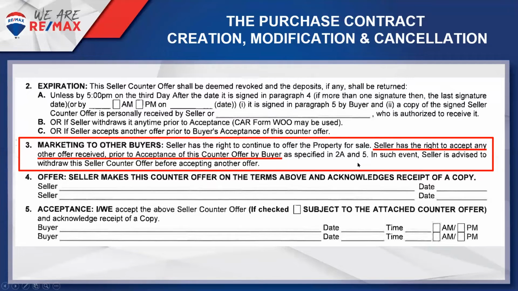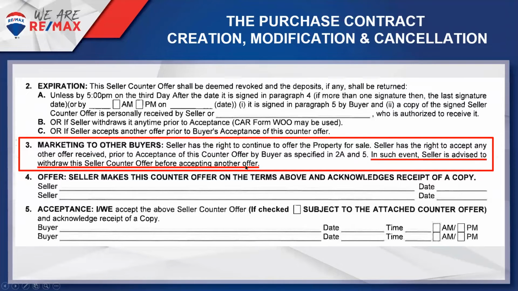Be sure your buyers understand that, because if they take too much time in deciding on the counteroffer, they could lose the property. I'm not recommending you encourage them to make a decision they're not comfortable making. Simply point out that there is always that possibility as they sleep on it. That's especially true in this market.